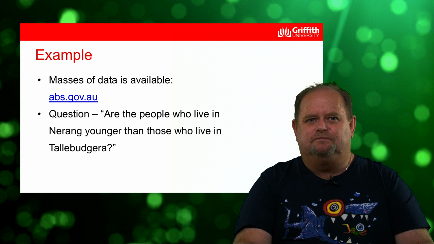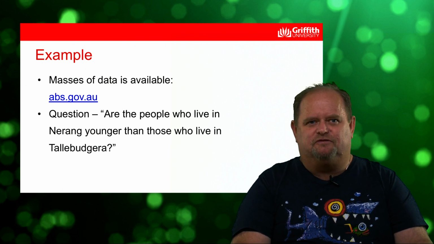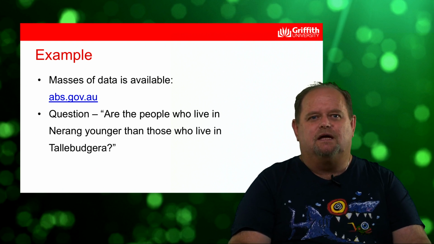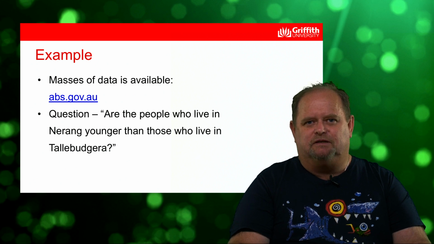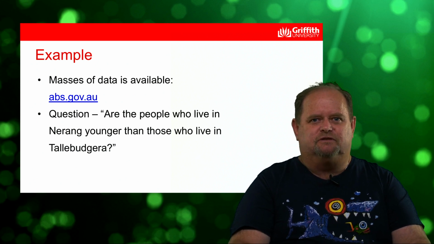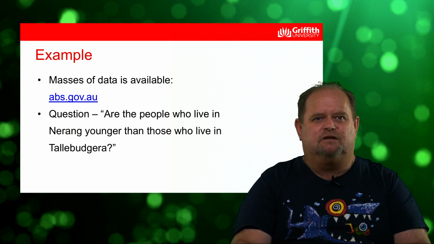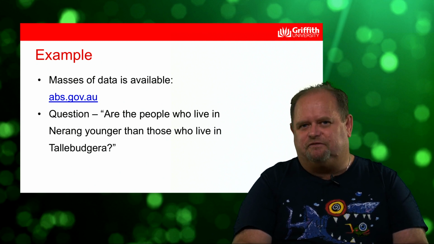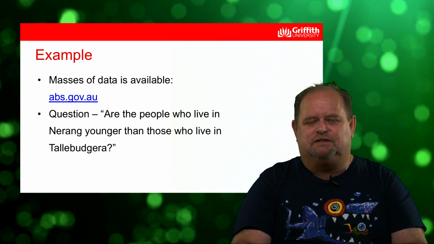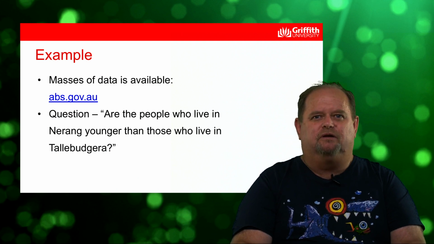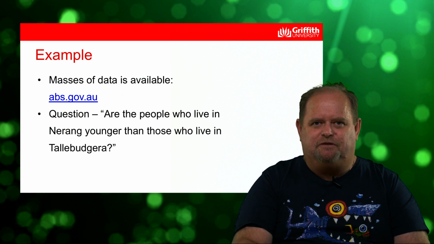Okay, so let's look at a couple of examples. First one, when we're asking questions of statistics, the first thing we're going to do is make sure that we're asking a question. Masses of data can be found at the Australian Bureau of Statistics. I've got the website just there.